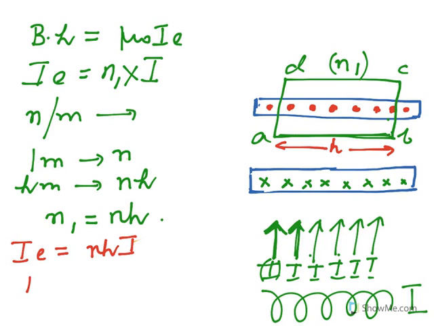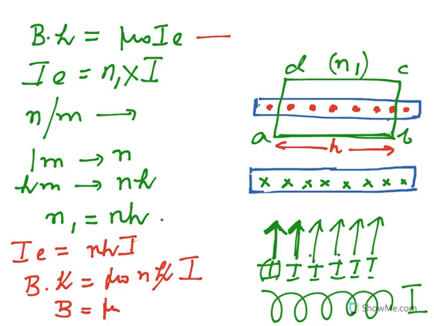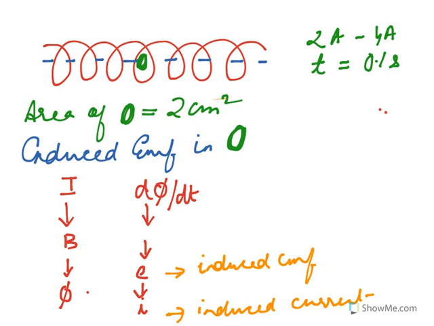So now coming back to this equation, B dot H becomes equal to mu naught NHI. The H here and the H here cancel, and B becomes equal to mu naught NI. We are going to use this equation for calculating the magnetic field produced by the solenoid.